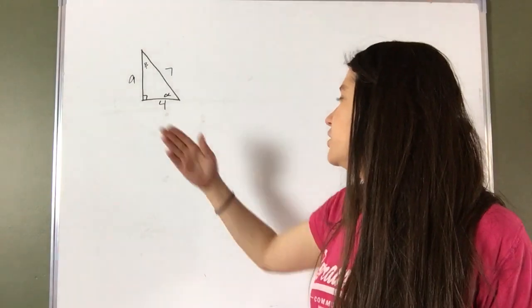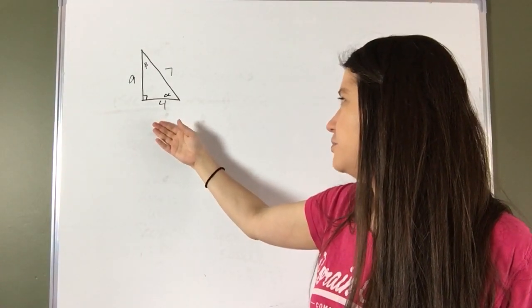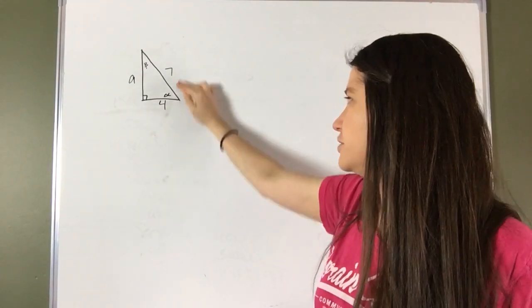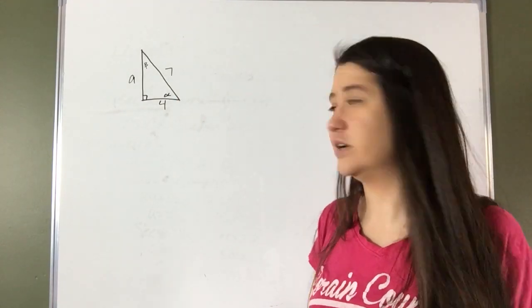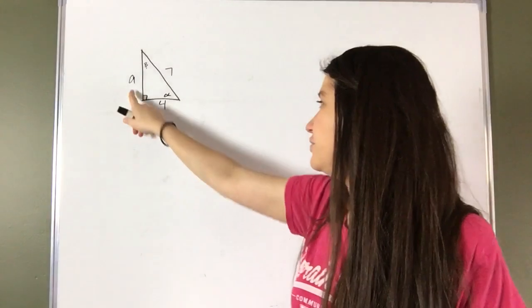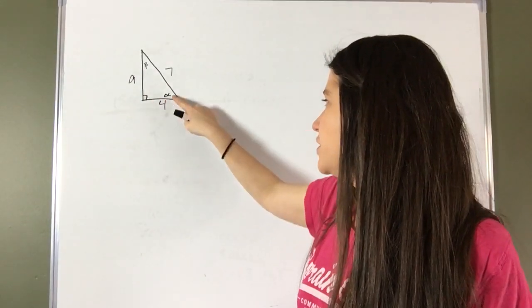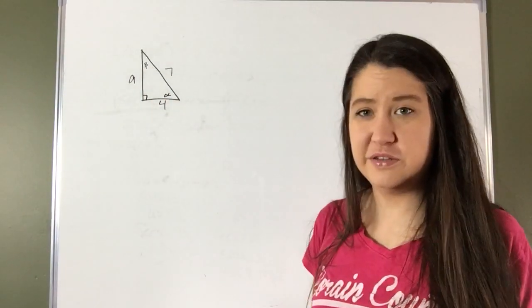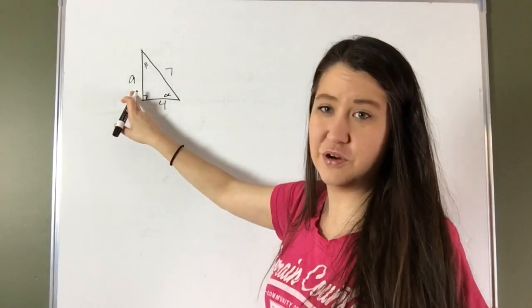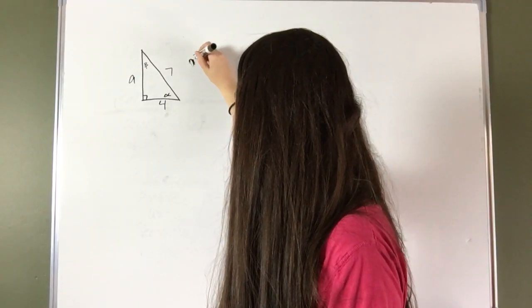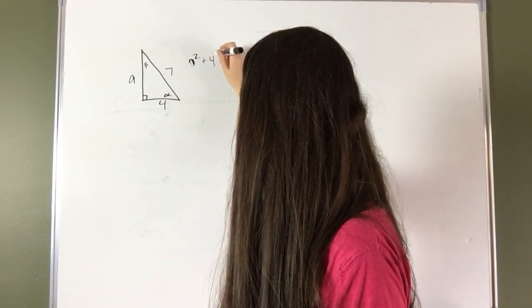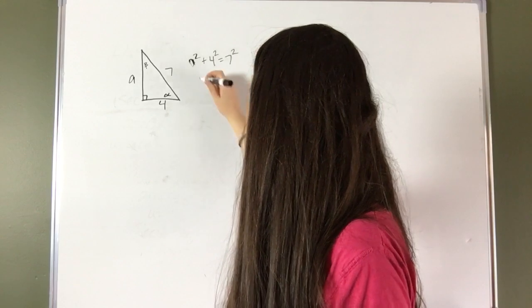So let's look at a right triangle. Say all we know about the right triangle is two of its sides. You can actually figure out everything else about the triangle. So if we call this side A, this angle alpha and this angle beta, we can find those things. The way we're going to find the missing side, well, Pythagorean theorem, right? So a squared plus 4 squared has to equal 7 squared.